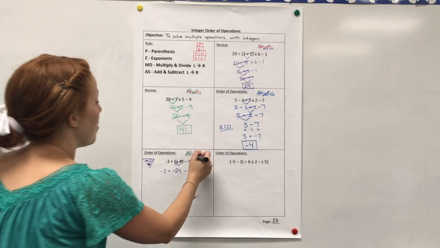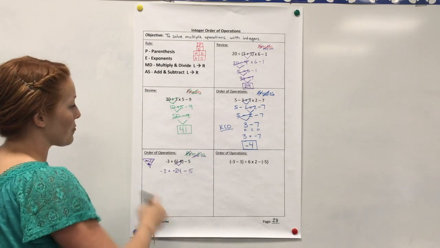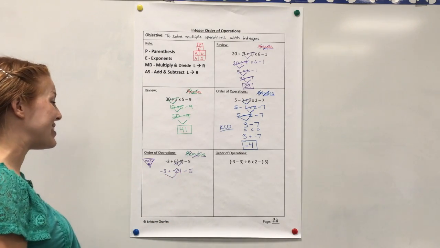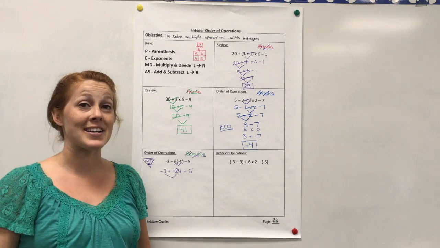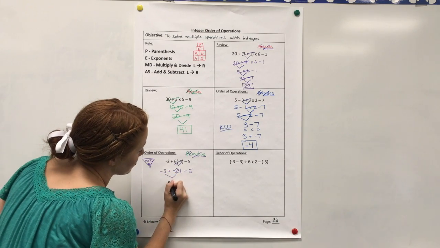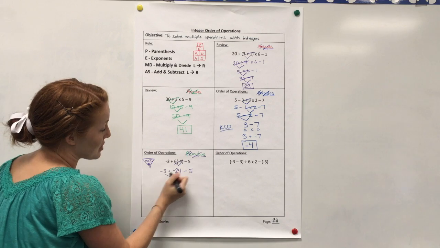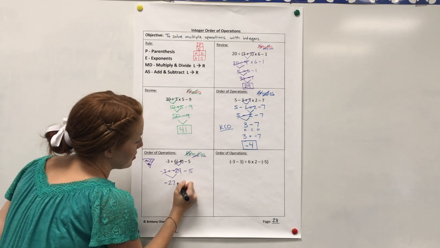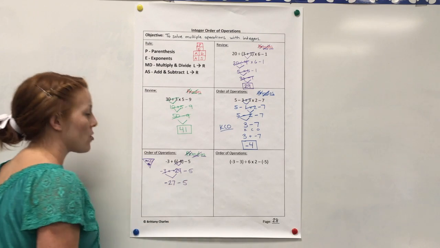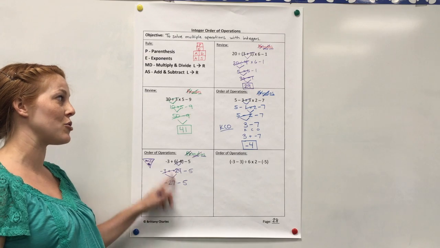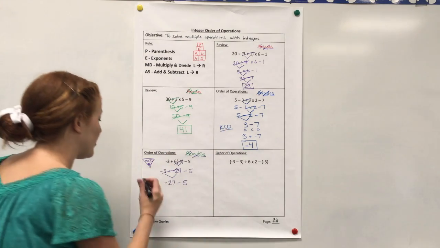Okay, now I just have add and subtract left. I go left to right. -3 plus -24. Same signs, add. 24, 25, 26, 27. So this would be 27. And same signs keep the sign, so -27. Bring down -5. Okay. Now I'm subtracting with integers, so I have to do KCO.